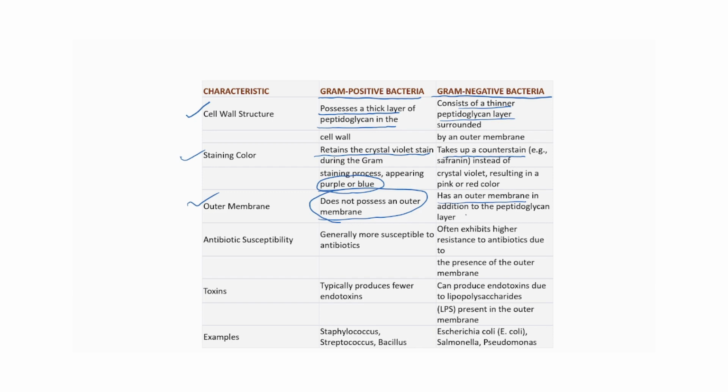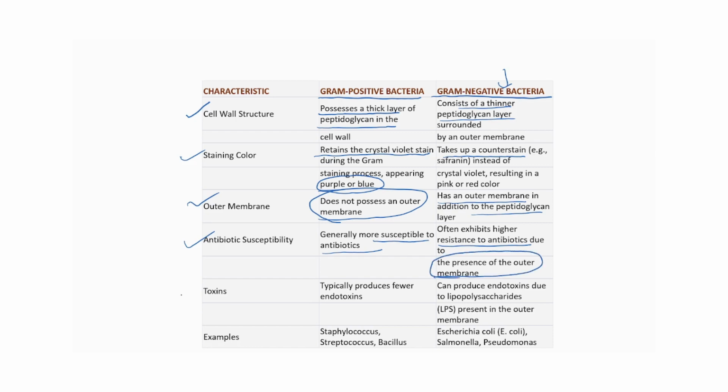They have a peptidoglycan layer also, but they have an outer membrane as well, which gives this staining characteristic to gram negative bacteria. Next is antibiotic susceptibility. Gram-positive bacteria are more susceptible to antibiotics, but gram-negative bacteria offer resistance to antibiotics because of the presence of the outer membrane.